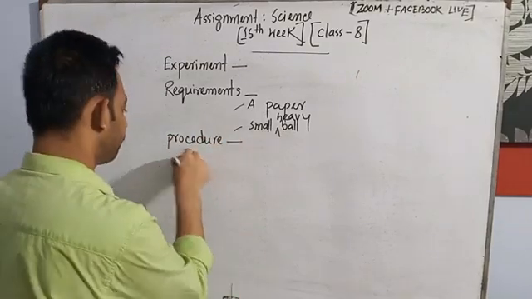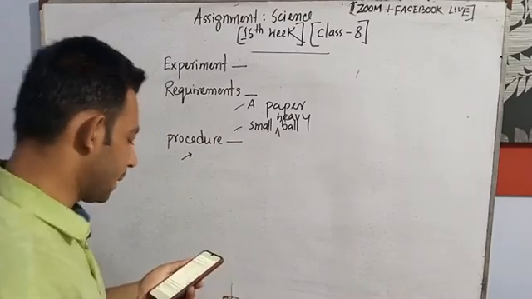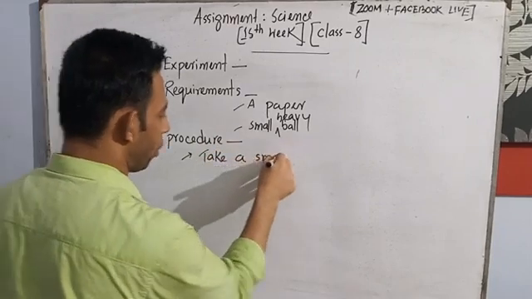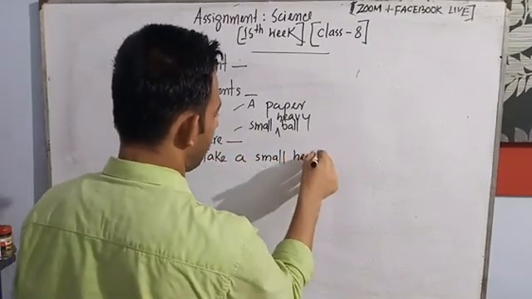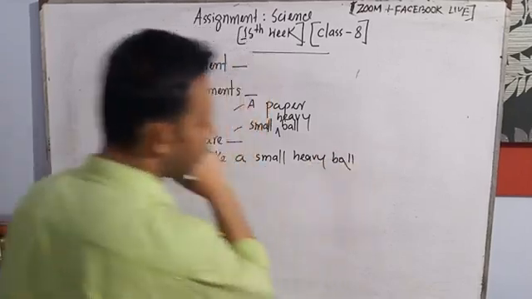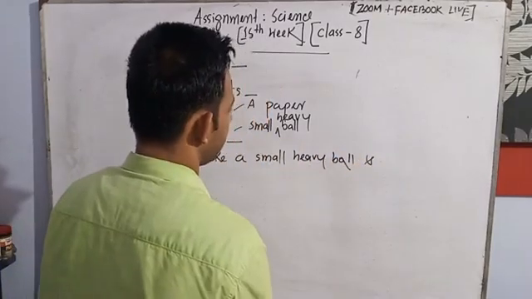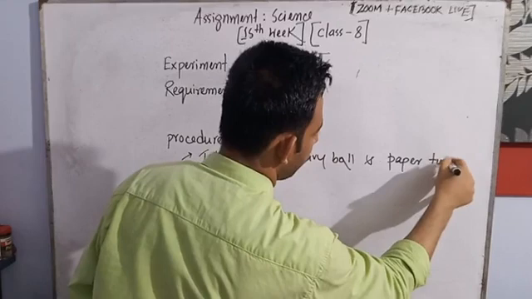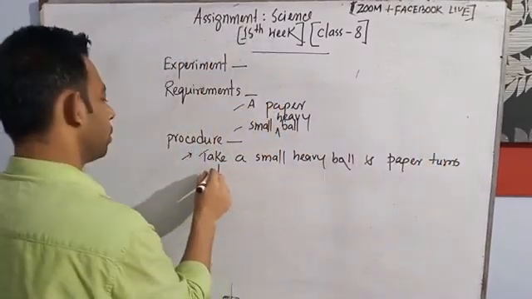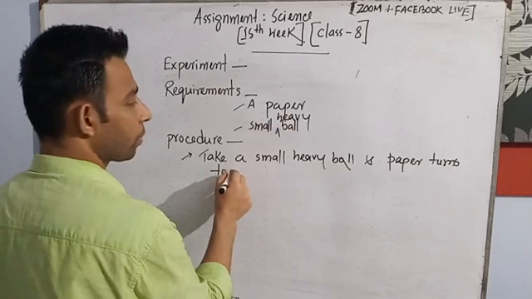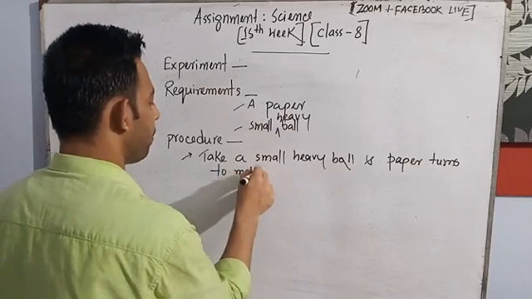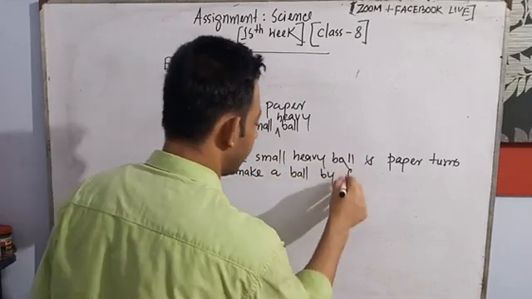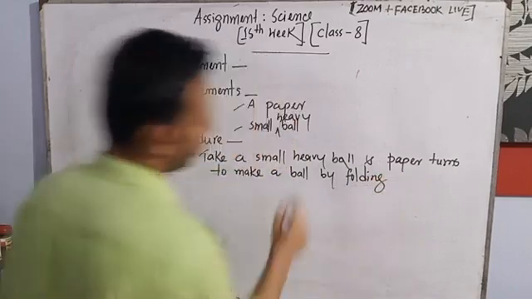First of all, take a small heavy ball, and turn a paper to fold, make a ball by folding. That means we got two balls.